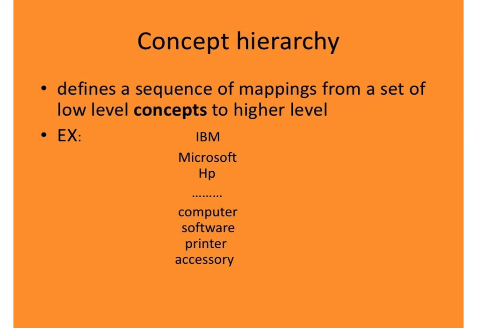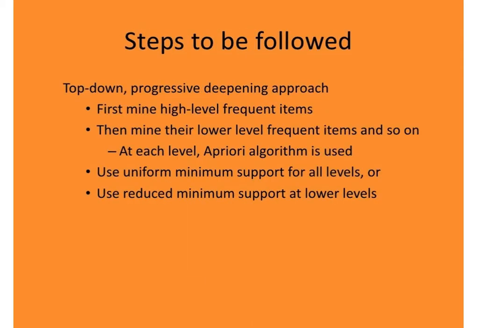Some of the steps to be followed are top down: first mine high level frequent items, and then you mine the lower level frequent items. At each level of the Apriori algorithm, you use a minimum support and reduce the minimum at lower levels.